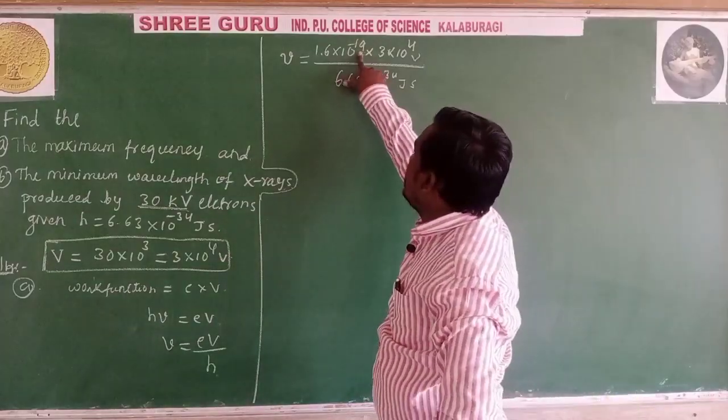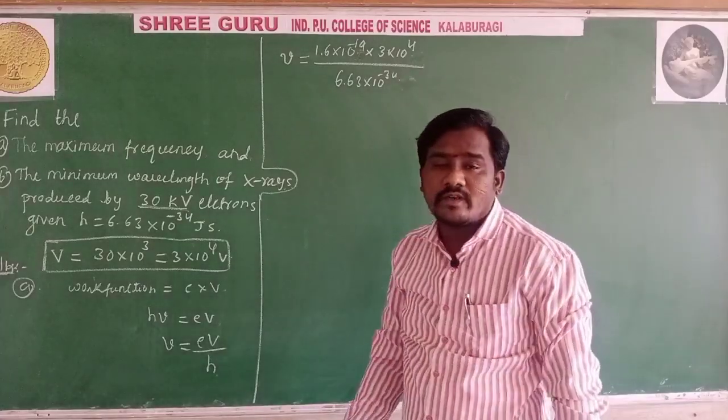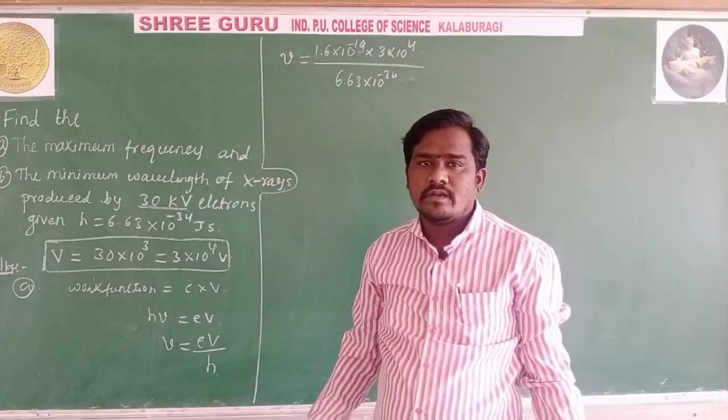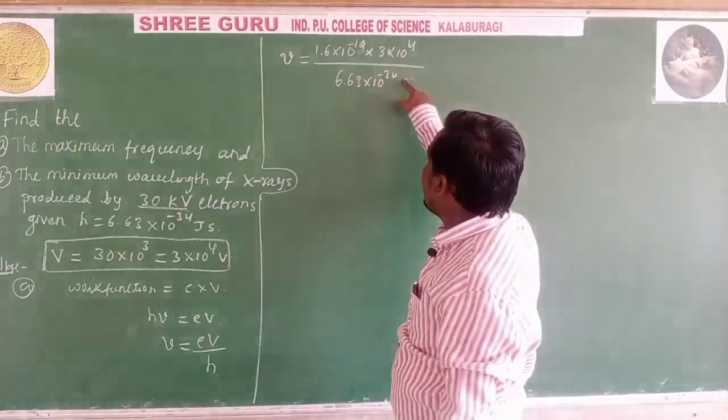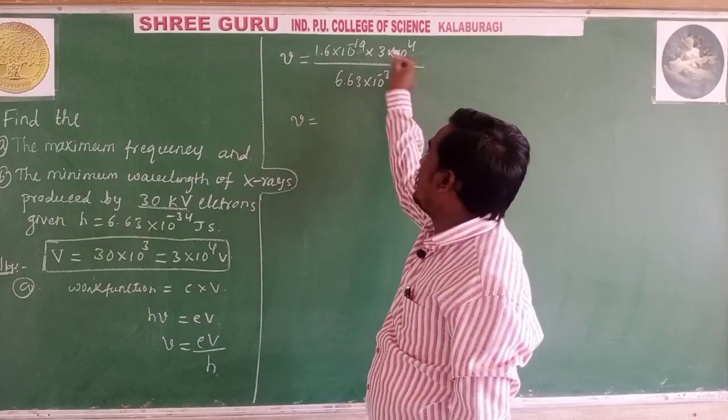Now these are the things we did not mention in the question. Why? Because we know that the SI unit of frequency is hertz or per second. 1 by second is nothing but a frequency, that is nu, which is equal to, just solve yourself.